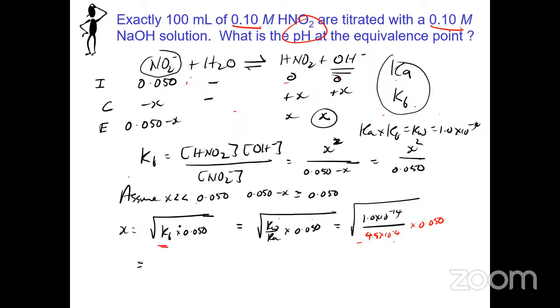According to my calculations, this works out to be 1.1 times 10 to the minus 6 M, and this is equal to the concentration of OH minus.